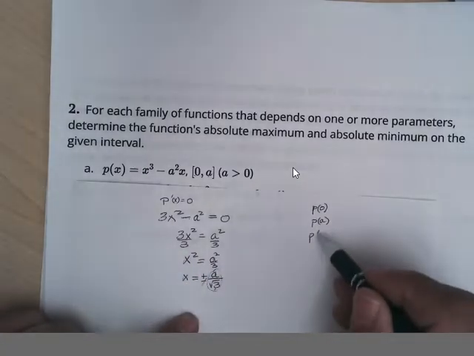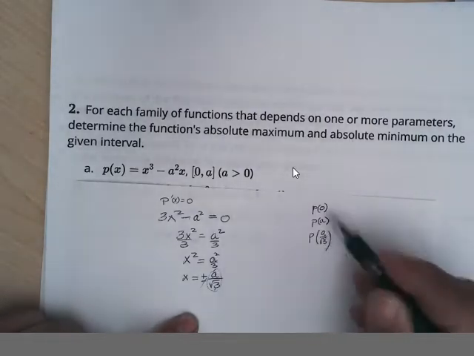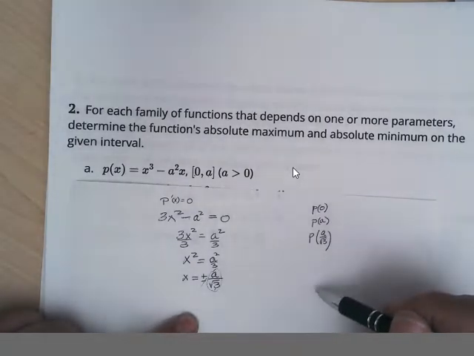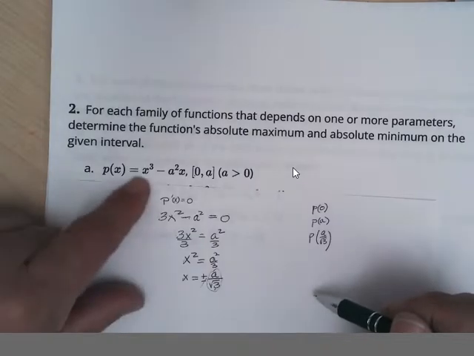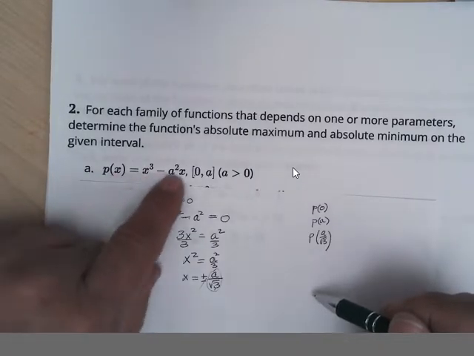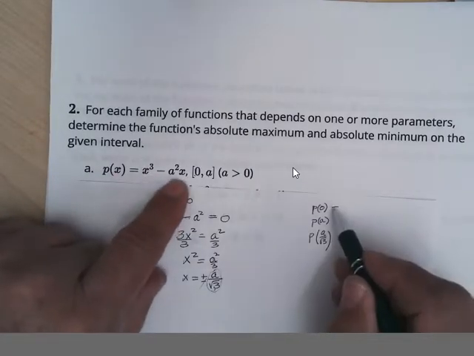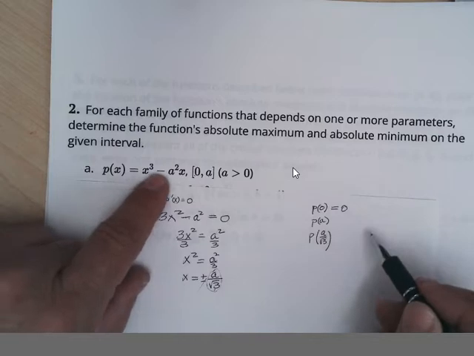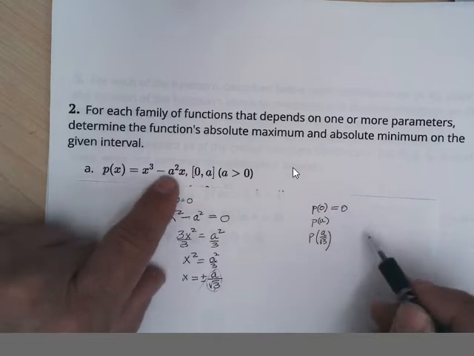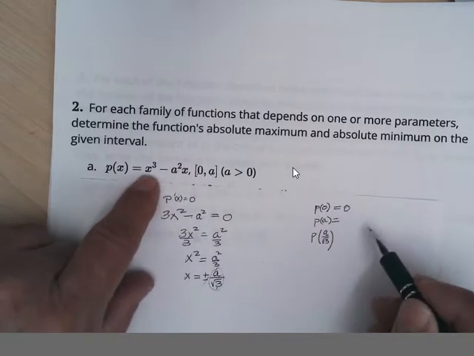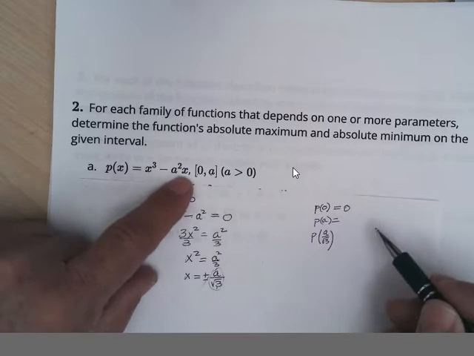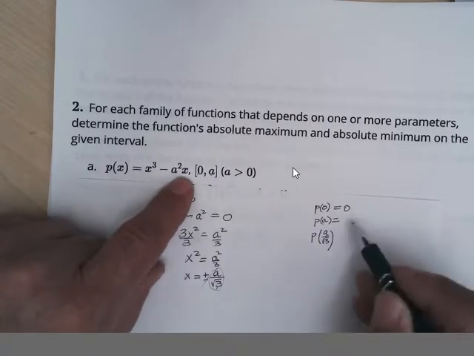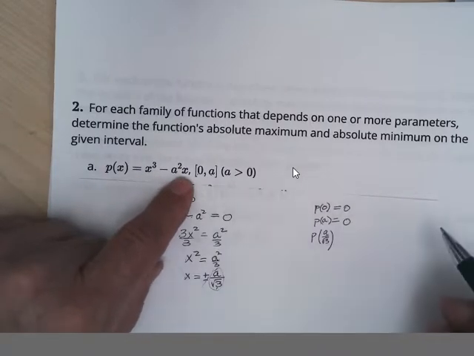So we've got to do P of a over the square root of 3 and decide which one of these is the largest and which one's the smallest. If I put 0 in for the x's here, I get 0. 0 minus 0 times a squared is 0. If I put a into here, I get a cubed minus a cubed, which is 0.